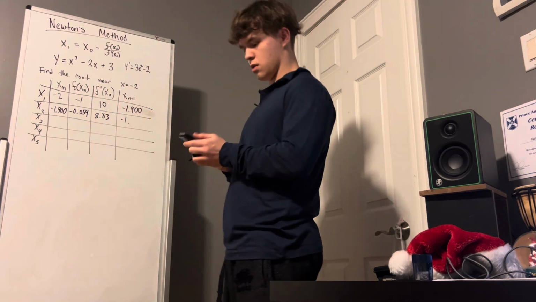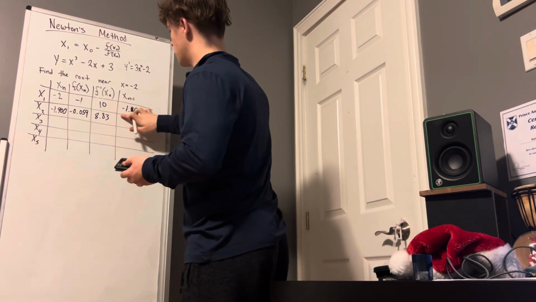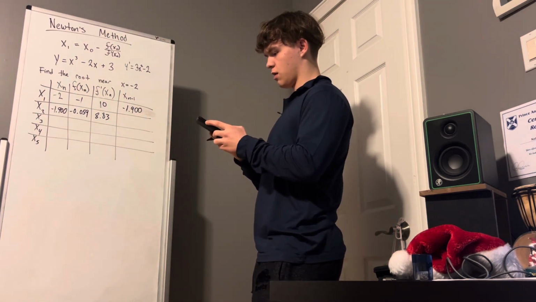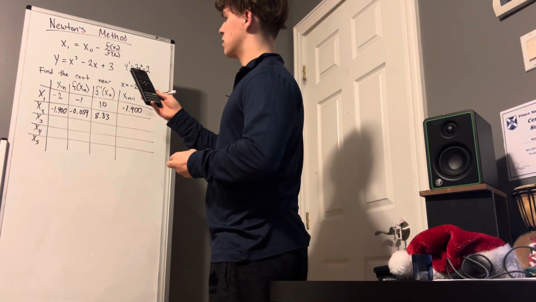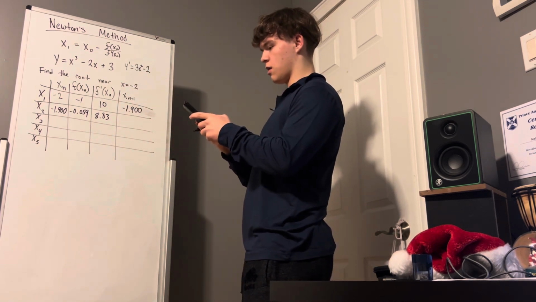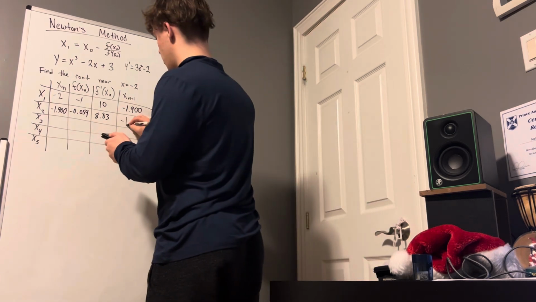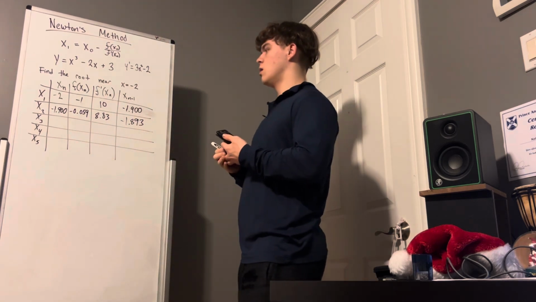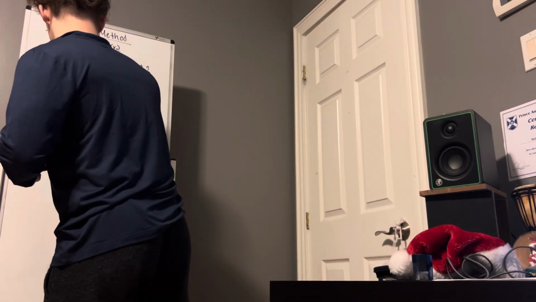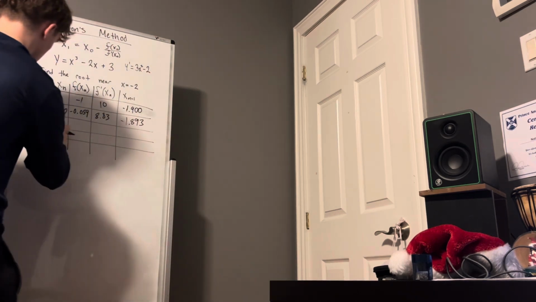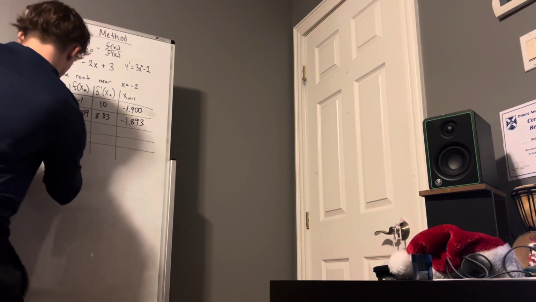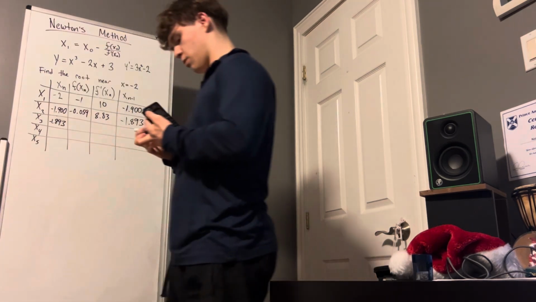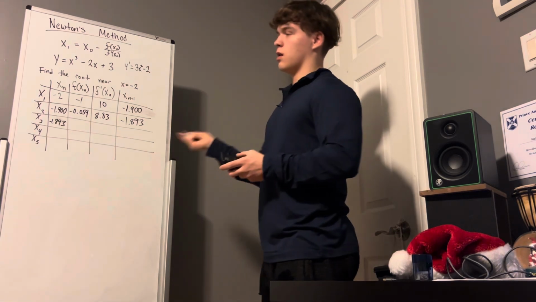Oh man, I keep doing this wrong. 0.059 divided by 8.83 is negative that, so -1.9 plus that is -1.893. So let's plug that in for x3. Let's do it again.